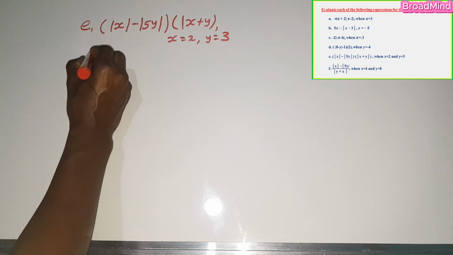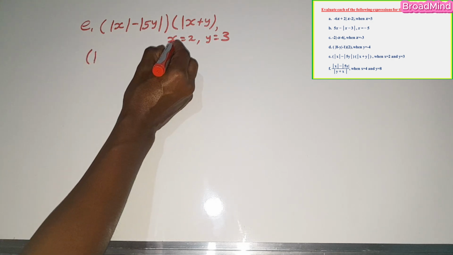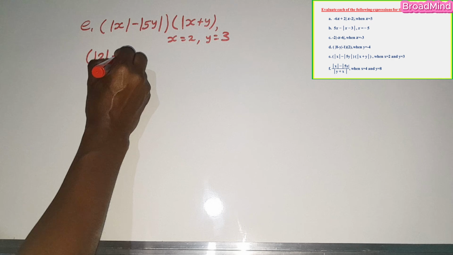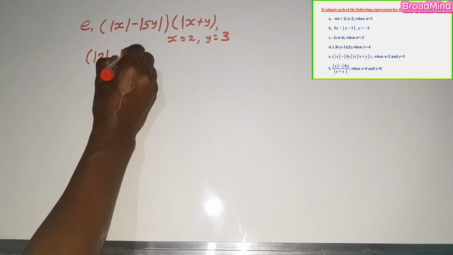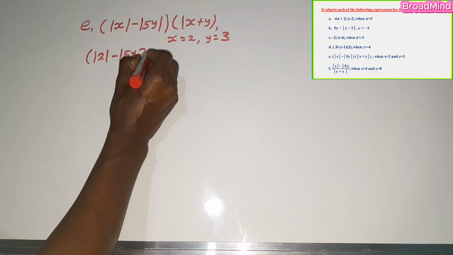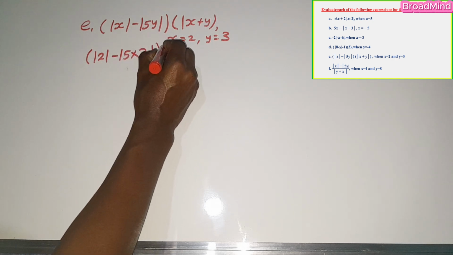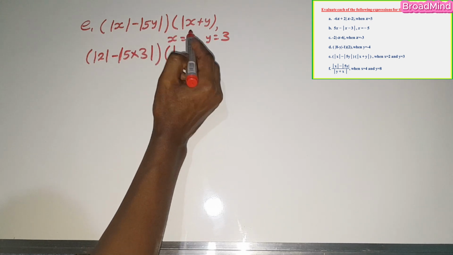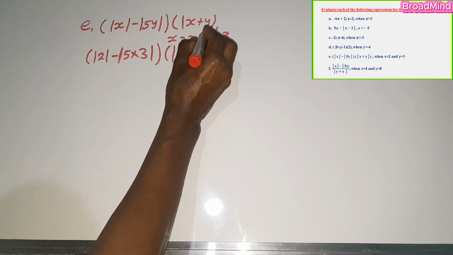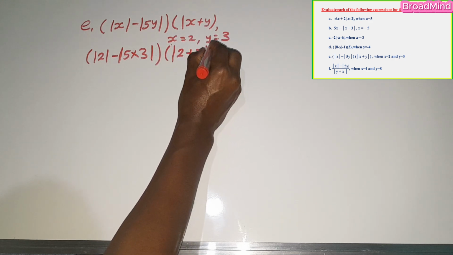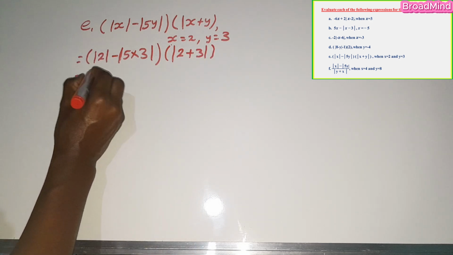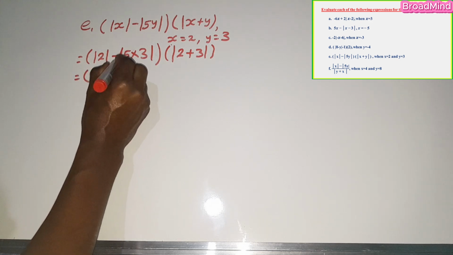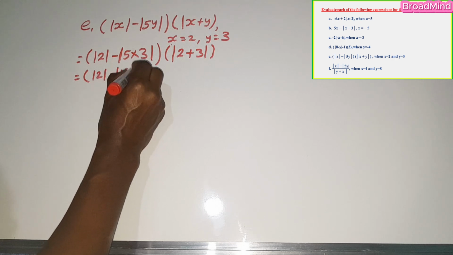Then in the bracket, absolute value of, instead of x 2, minus absolute value of 5 multiplied by 3. Here also open the bracket, absolute value of, instead of x 2, plus instead of y 3, close the bracket. Now absolute value of 2 minus absolute value of 5 times 3, 15, close the bracket.